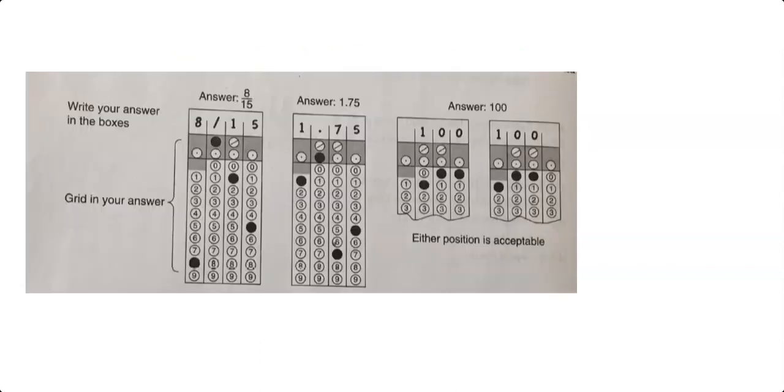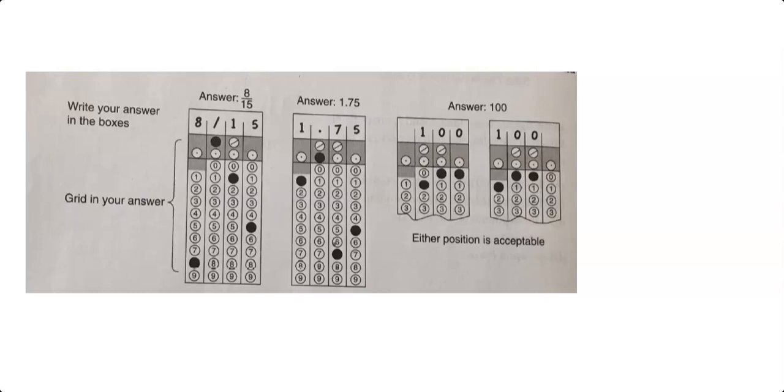Just briefly talk about grid and response. On your answer sheet, you'll see a grid that looks something like this. When you get your answer, you're going to write it in the blank spaces at the top, and then you fill in the circles that match what each of those numbers are. So if you have a fraction, you're going to use the fraction bar, which is the circle at the very top.